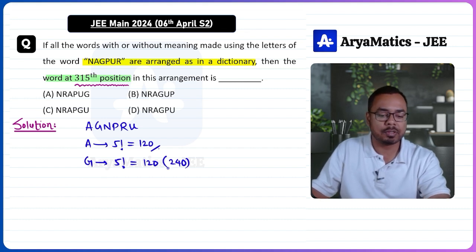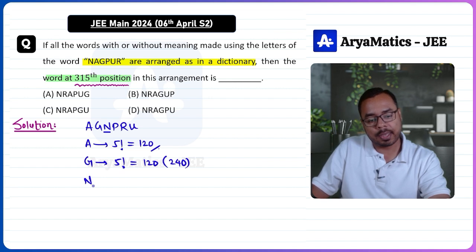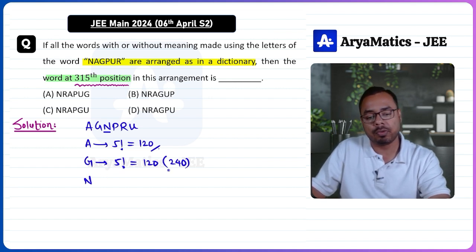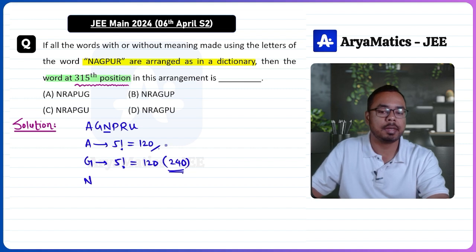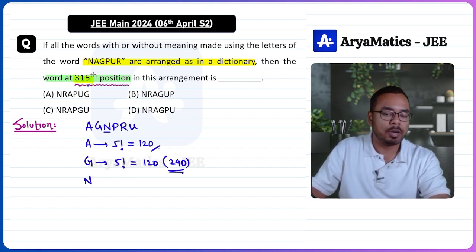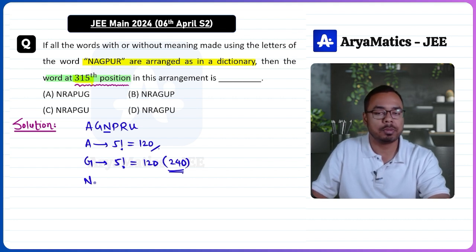Now the 241st word will be starting with letter N. With N, if you create another 120, 240 plus 120 will be 360, which is more than this number. So that means the word on the 315th place has to be starting with letter N, right?